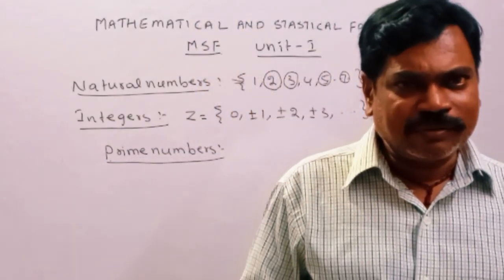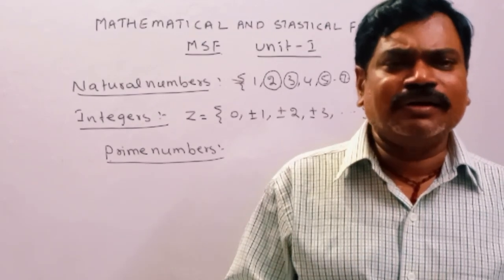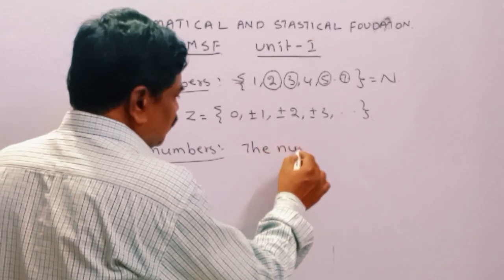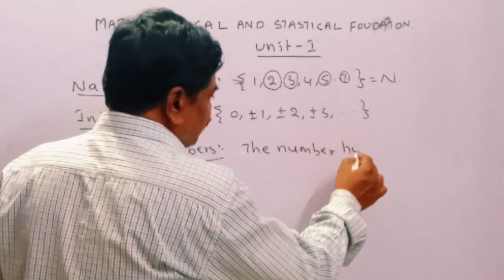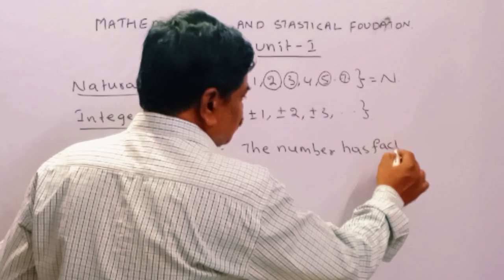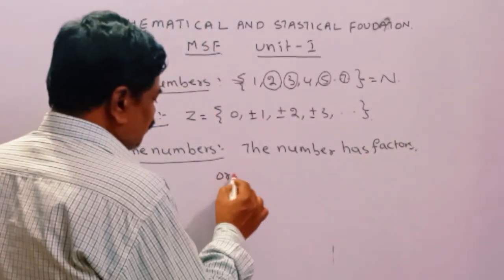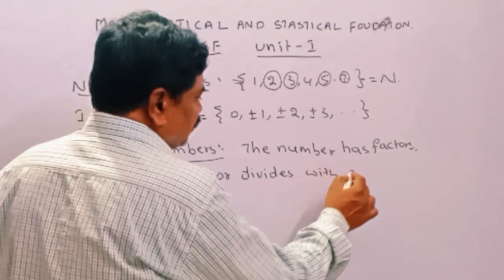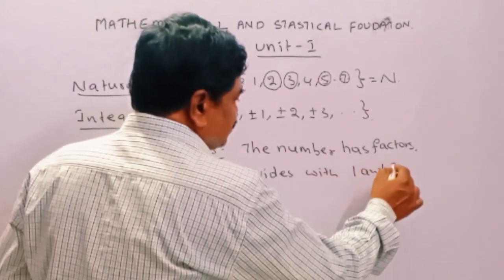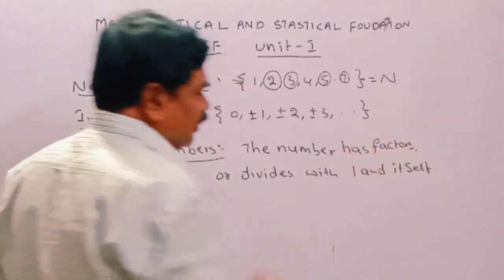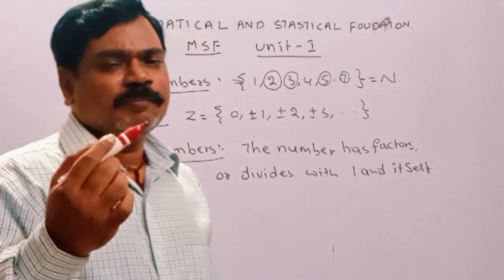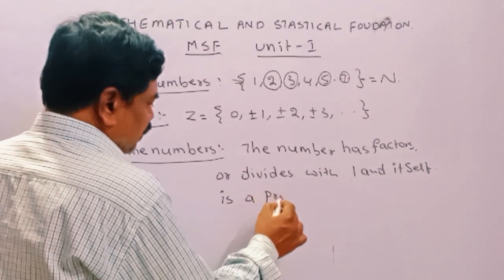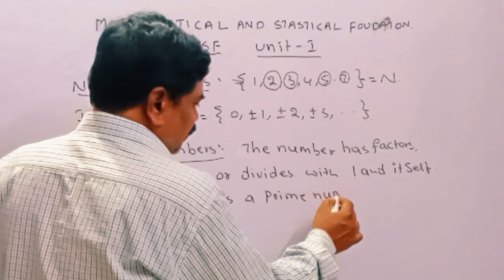A number that has factors or divides only with one and itself is a prime number.